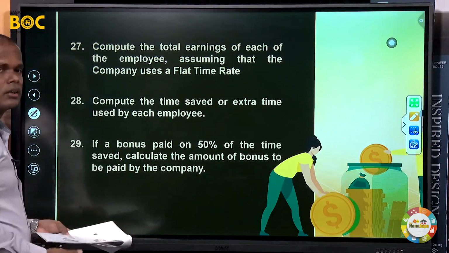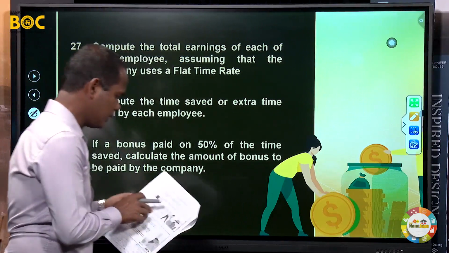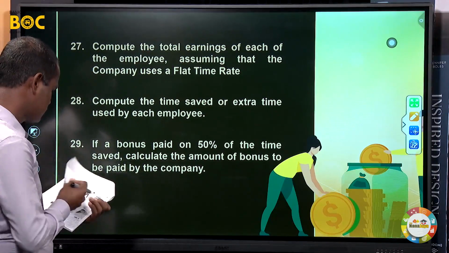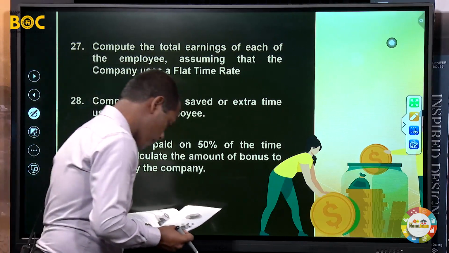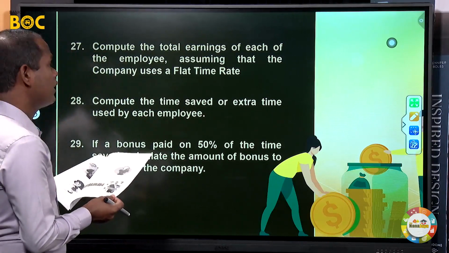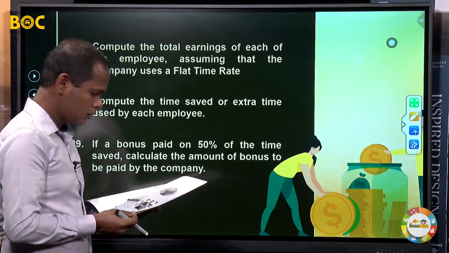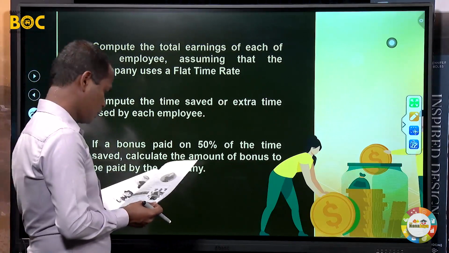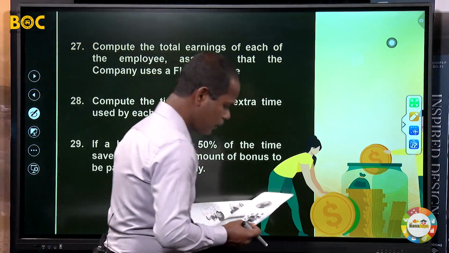If you refer back to the answers, each employee's salaries, for question 27: Mr. Sunil 15,000, Mr. Nimal 24,000, Mr. Kamal 35,000.